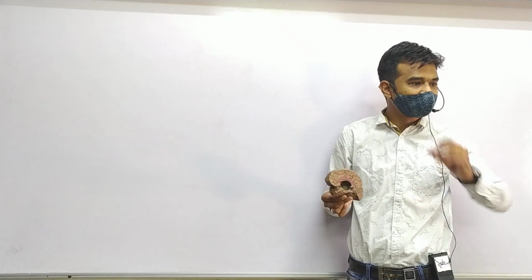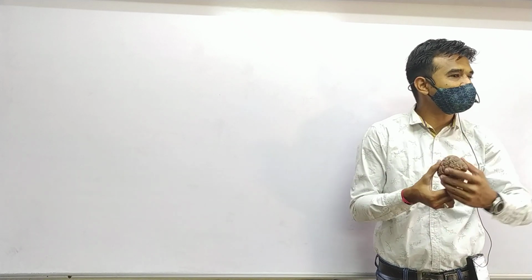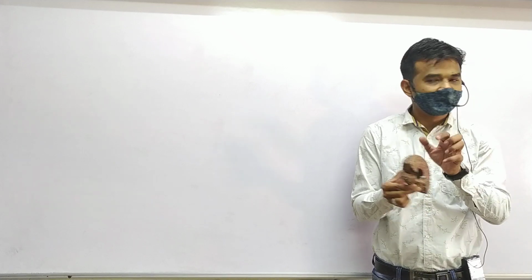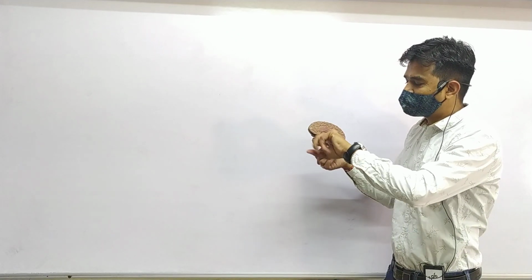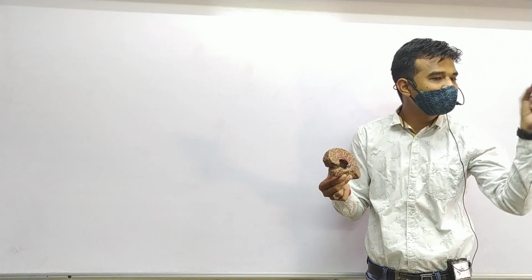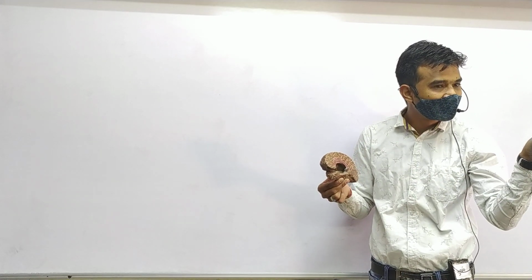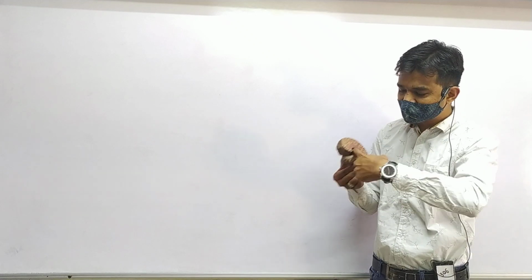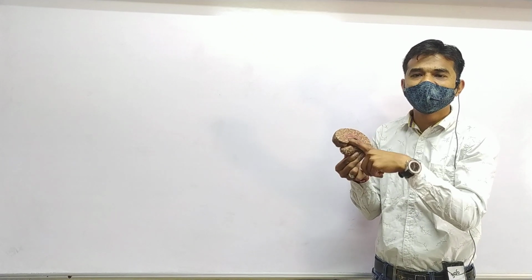Okay, so this is the forebrain, the cerebral hemisphere, and can you see this portion? This is known as the diencephalon.